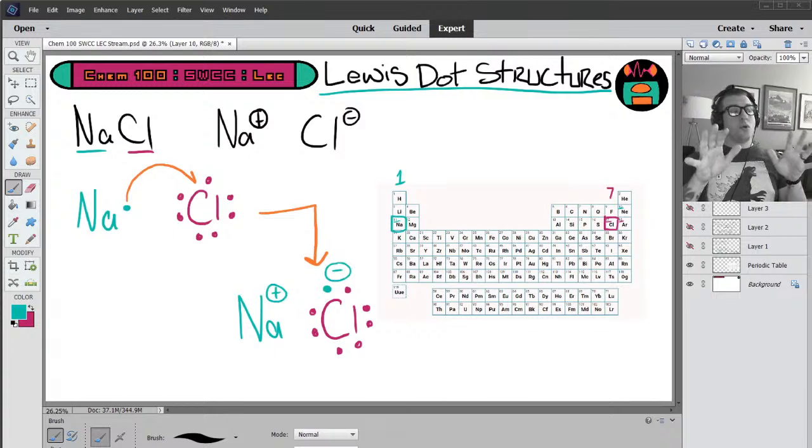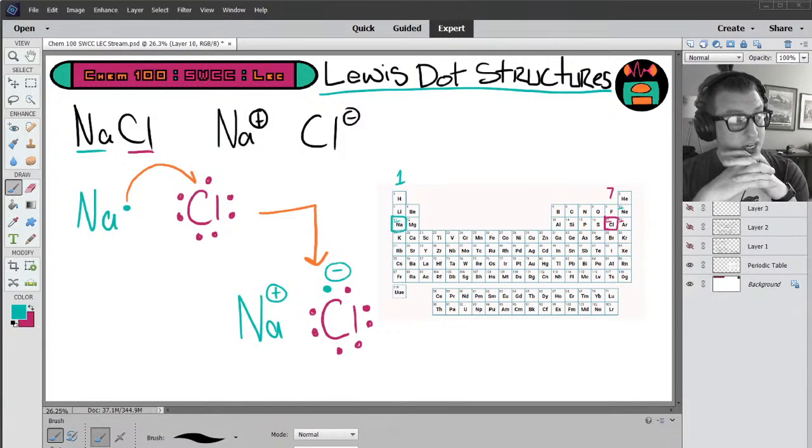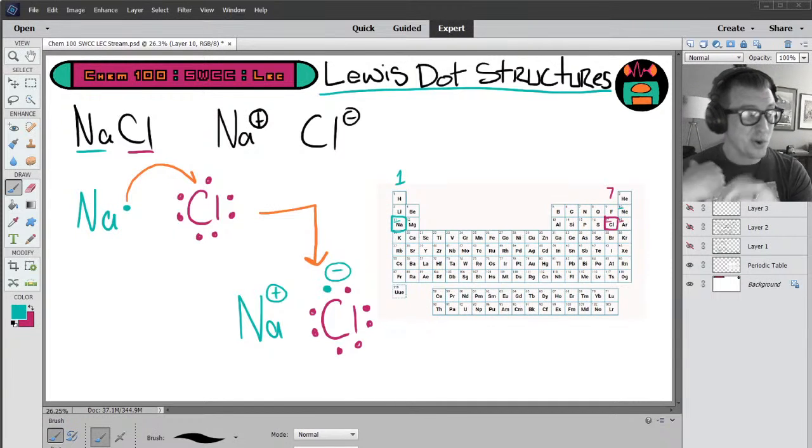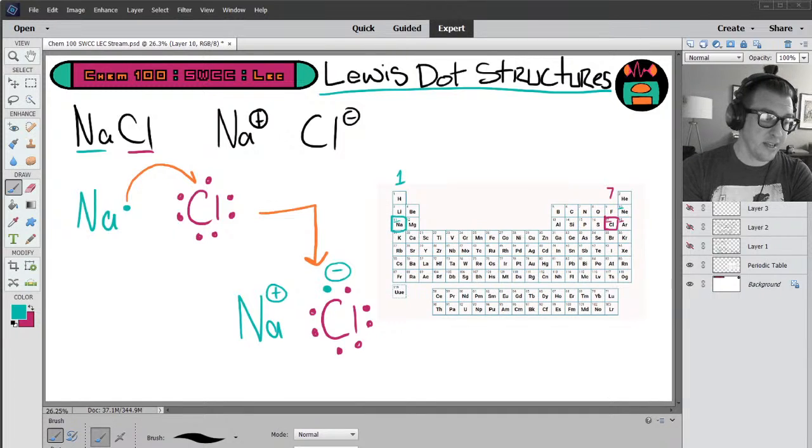So rocks, all main group elements want to be as stable as a noble gas, and the noble gas stability comes from their electron count, and they want to get to that stability as fast as possible.